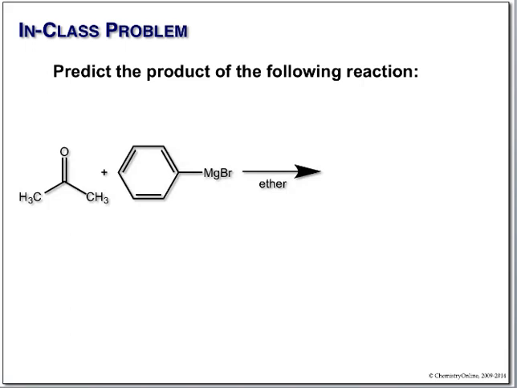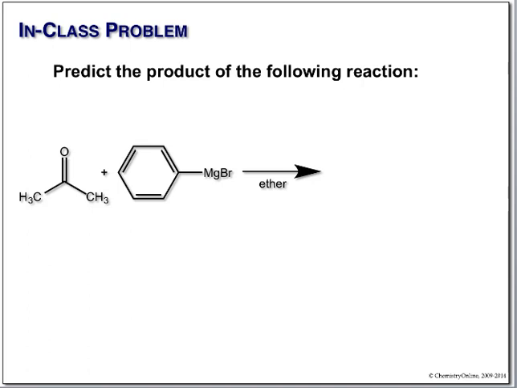Let's do another simple one here. Here we have phenyl magnesium bromide. We are reacting this with acetone. When you see this, you look and say, all right, the carbon here is going to be our nucleophile. It's going to pretend it's a carbanion.